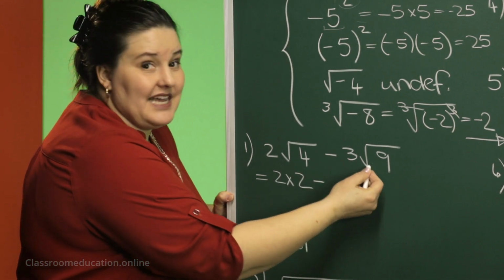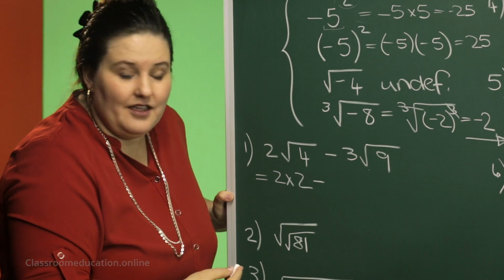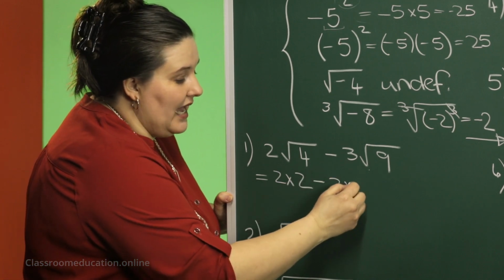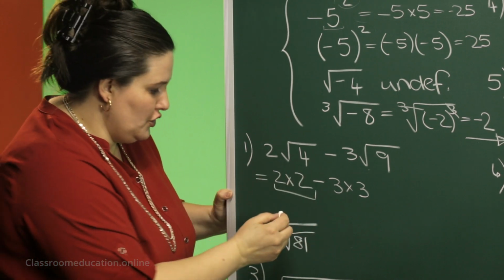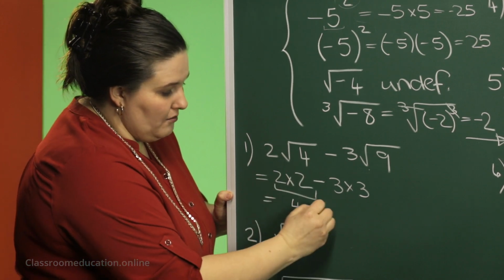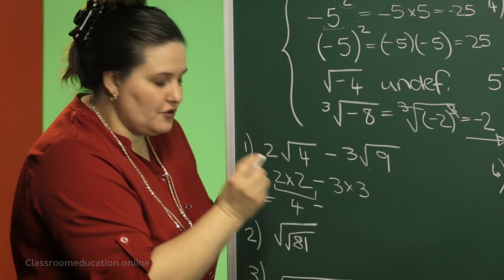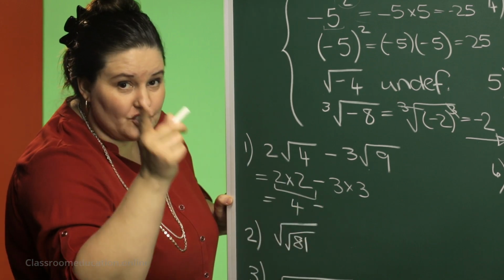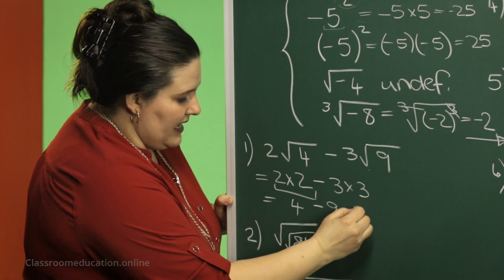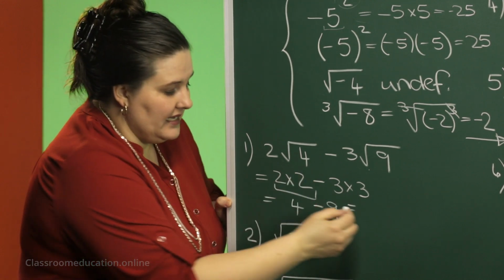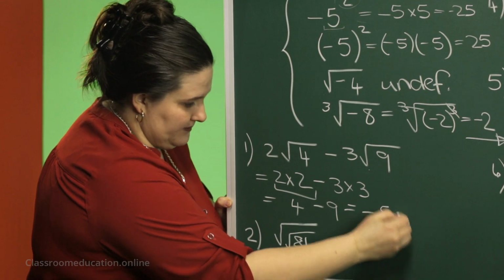Minus 3 times the square root of 9. So it will be 3 times 3. And here, 2 times 2 is 4. Minus 3 times 3. Remember, BOTMAS, you need to do the multiplications first. Is 9. And 4 minus 9 is -5.